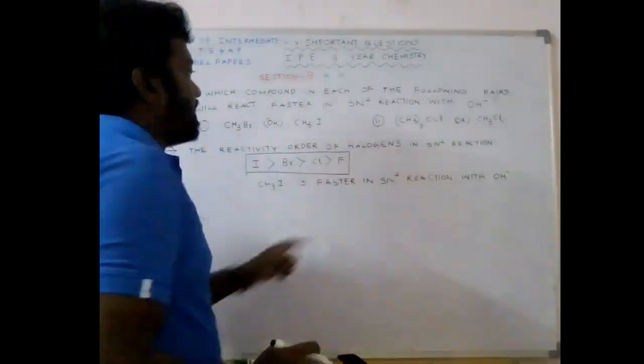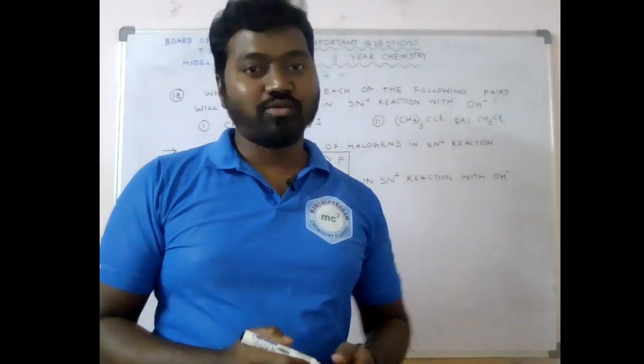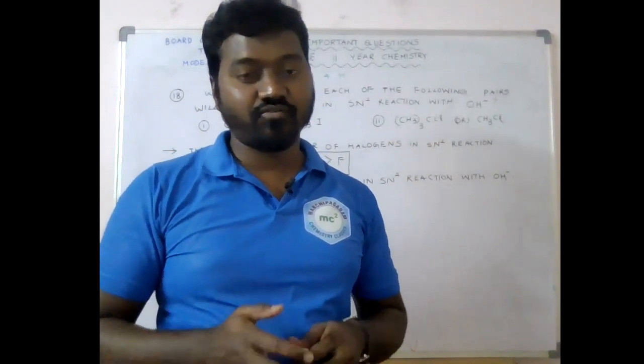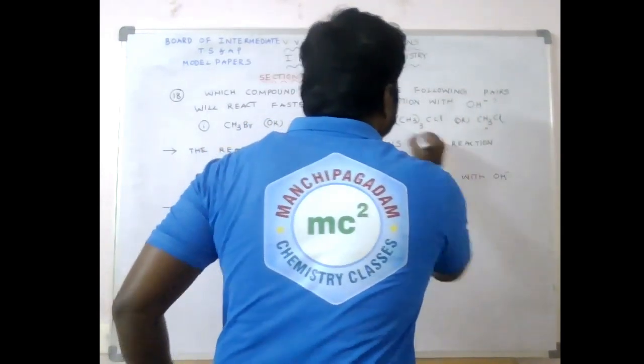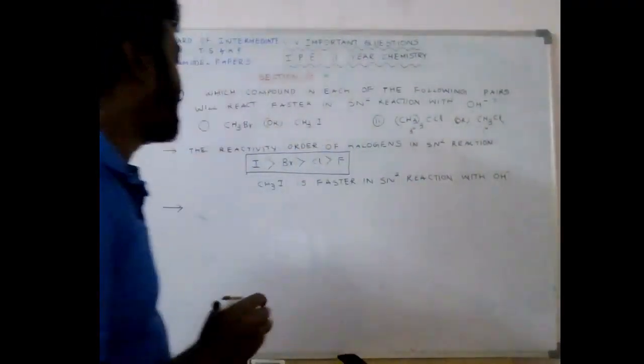Now here also chlorine, here also chlorine. Both halogens are same. But what is the difference? The difference is alkyl group. Here this one is primary alkyl. This one is tertiary alkyl. That is the point.